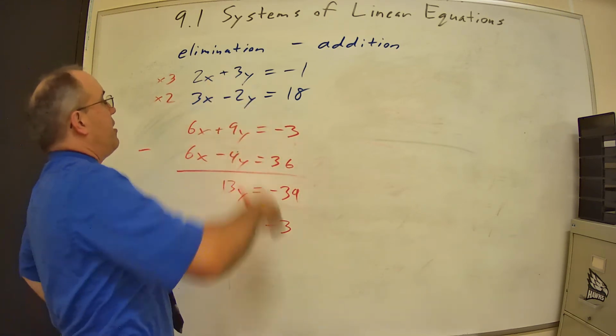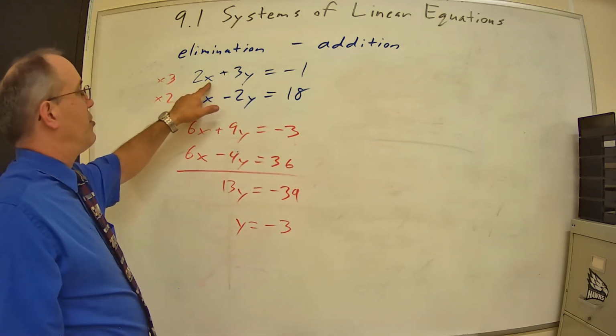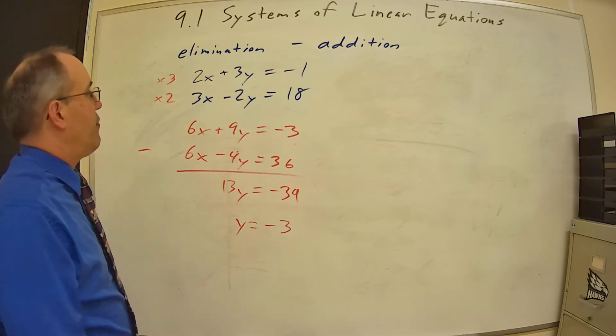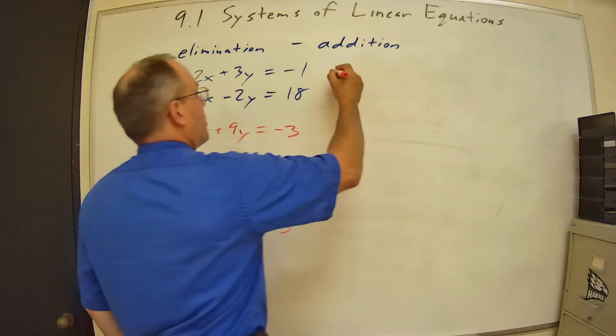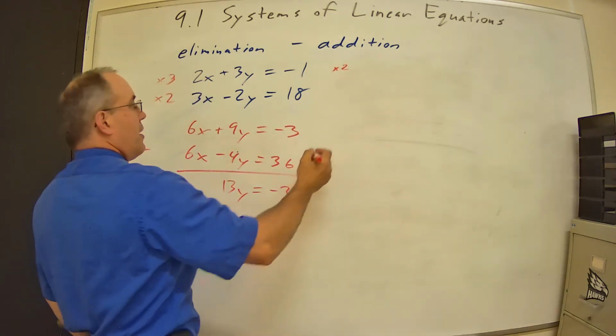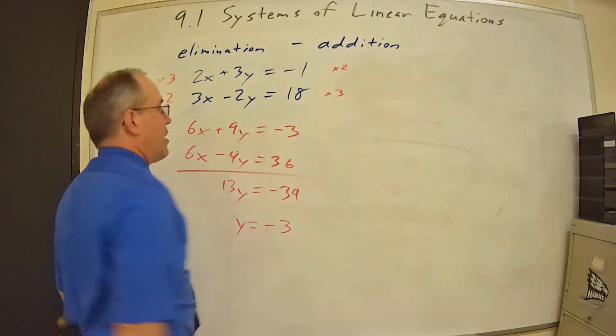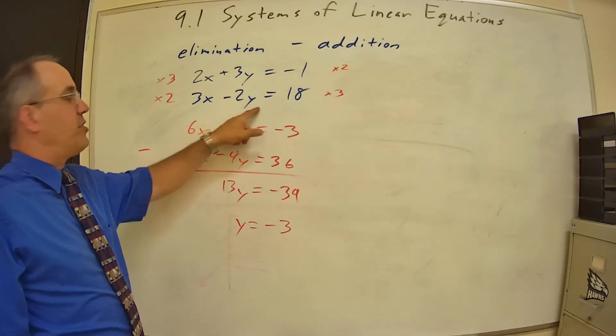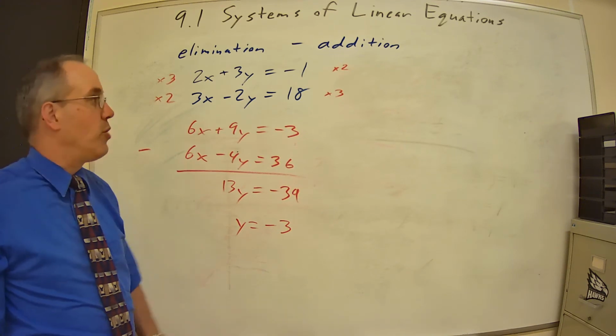Now you can see here that if you have 2x plus 3y and 3x minus 2y, if I multiply the top equation by 2, and I multiply the bottom equation by 3, I'm going to end up with 6y up here and negative 6y down here. So I can cancel those out.